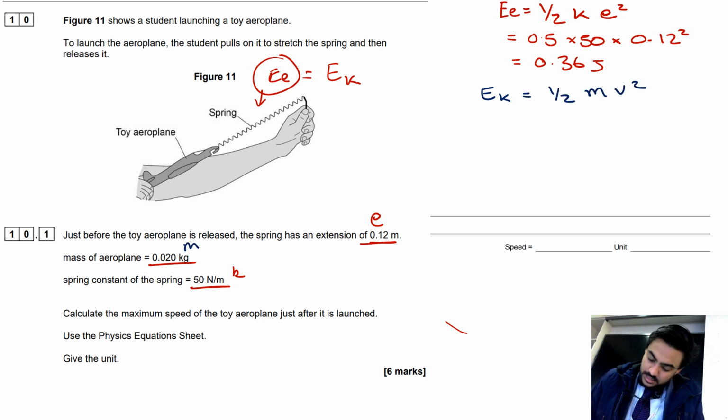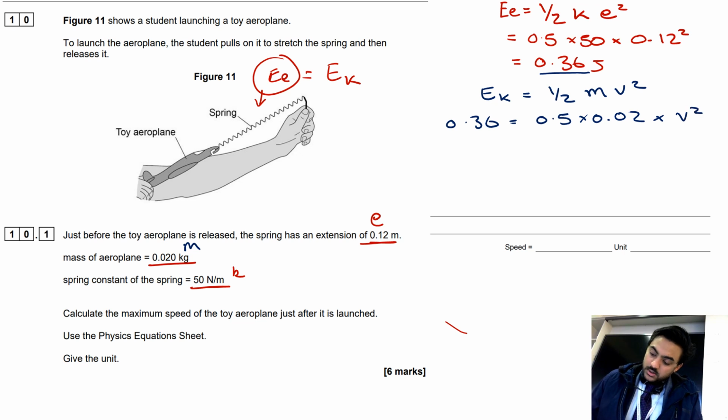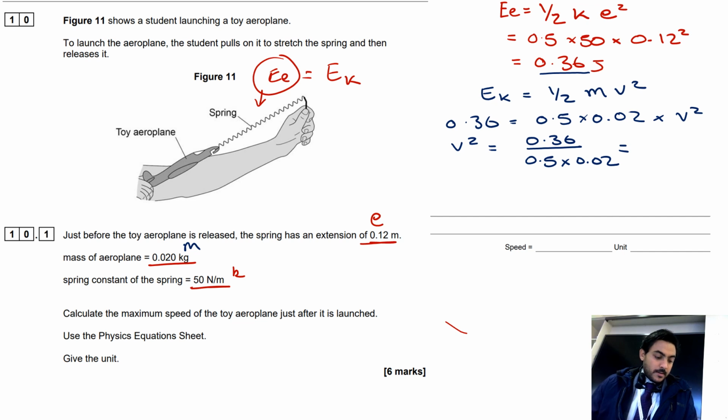Our mass is here, and our velocity squared, well, that's what we're trying to find out. So EK happens to be the same value as this, so 0.36 is equal to 0.5 times the mass, which is 0.02, times velocity squared. When we do that, we get velocity squared equals 0.36 divided by 0.5 times 0.02, which gives us an answer of 36.